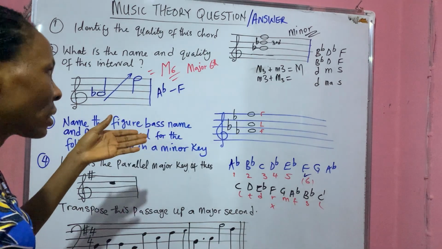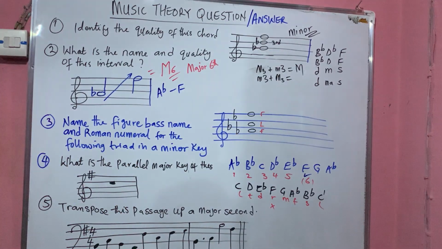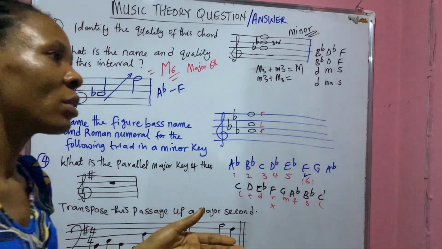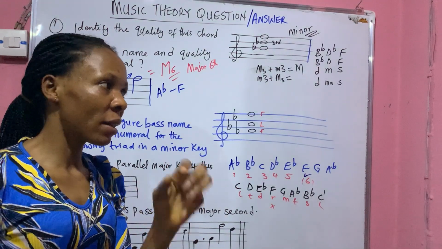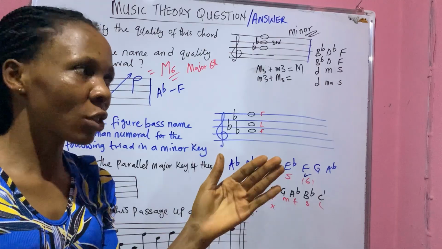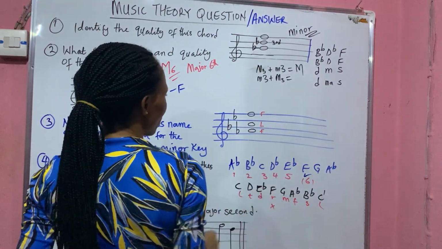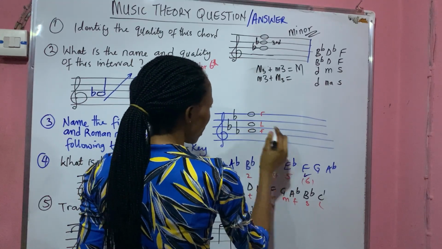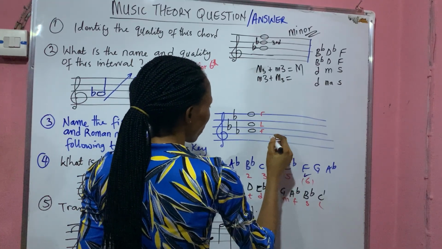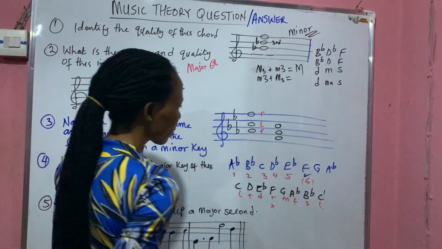The figured bass name means you are asked to tell whether the chord is an inversion, and what number is used for such an inversion. You see the chord is already an inversion, because in normal position, I'm taking this F here, it would have been F, Re, Fa, and La.